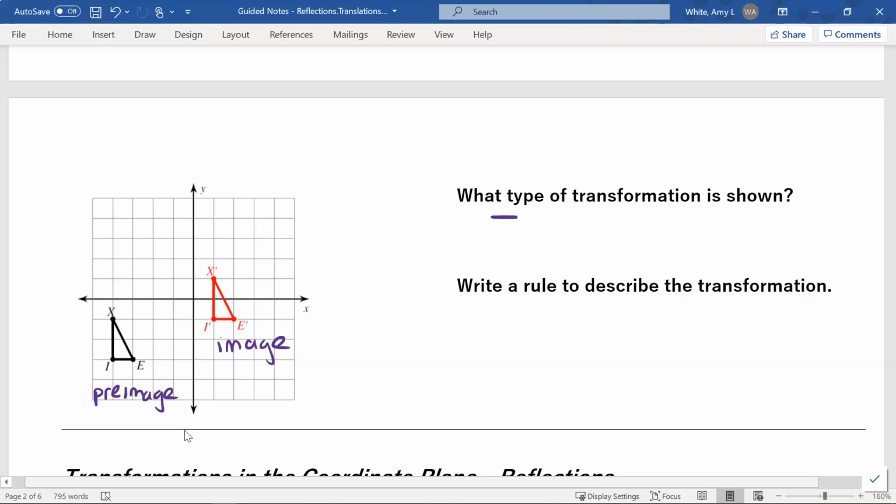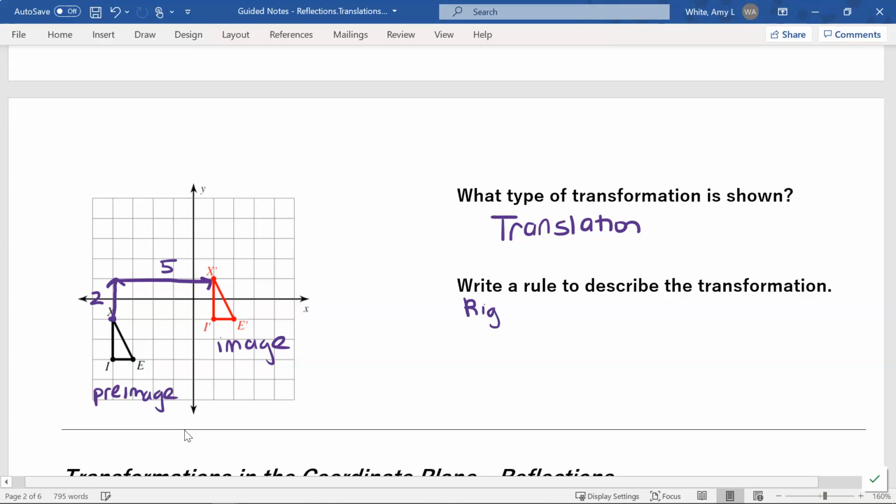So we know that this is a translation. To write a rule, we can start with words. So all I'm going to do is pick a point and count the number of units I went up. So I went up 2 units. I went over 1, 2, 3, 4, 5 units. So I could write that down.